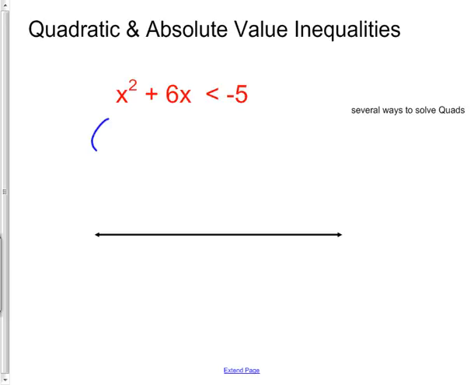And one is, first of all, you get this over to the other side, just like if it said equals, and you'd have x squared plus 6x plus 5 is less than 0. The only time you'd ever switch that sign is if you multiply or divide by a negative. And there's one other little moment where I'll show you when you do have to switch a sign with absolute values. But back to this.